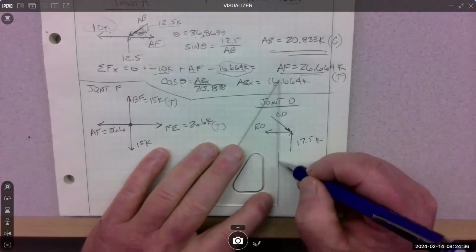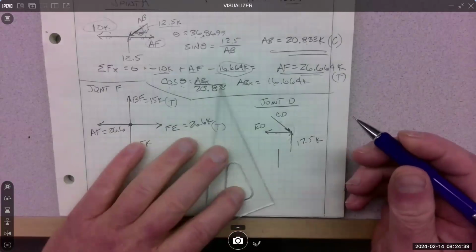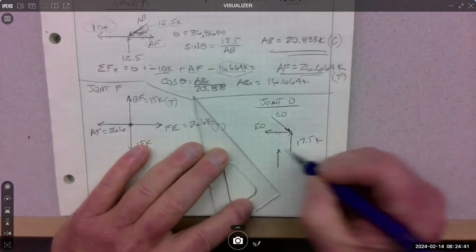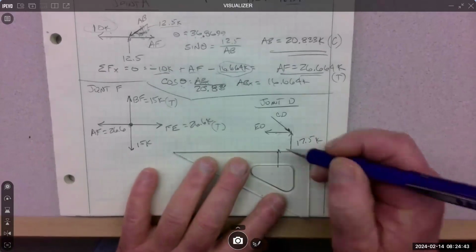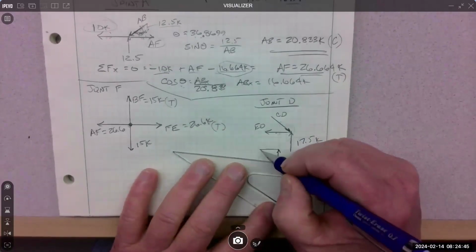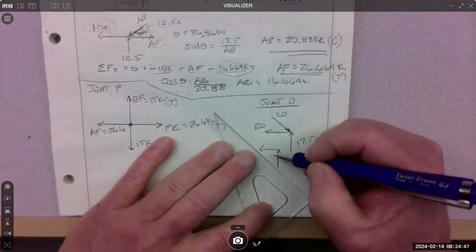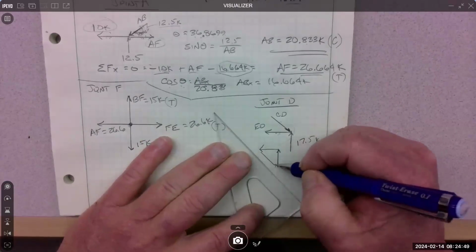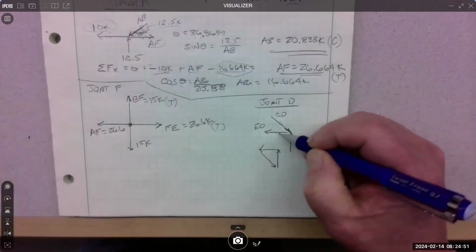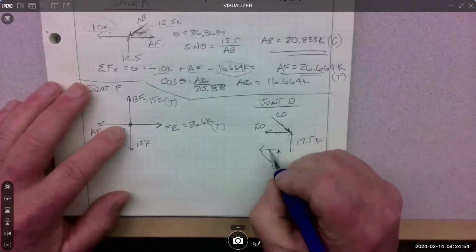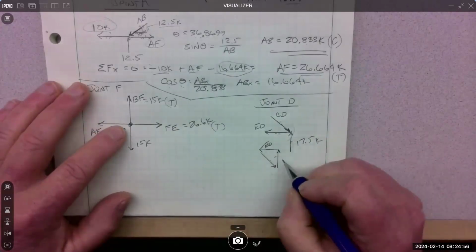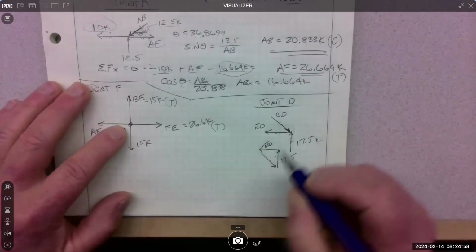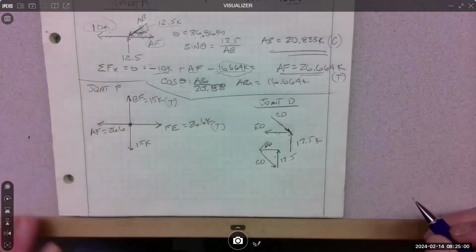So a force triangle for this one would look something like this, and you gotta do them tip to tail, that's important. You can do them in any order, but they have to stay in position. See how I kept everything in position? So this becomes ED, this is 17.5, and this is CD.